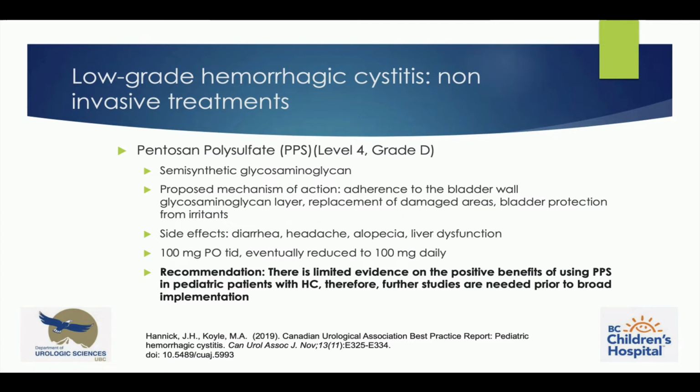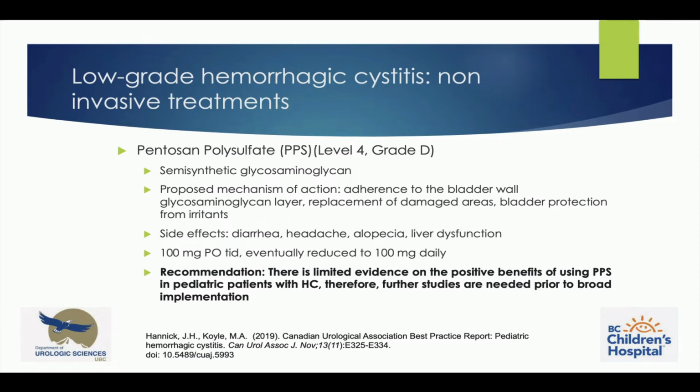This is a semi-synthetic glycosaminoglycan, and its proposed mechanism of action, I say proposed because it's not 100% clear, is adherence to the bladder wall glycosaminoglycan layer, replacement of damaged areas, and bladder protection from irritants. Side effects are diarrhea, headache, alopecia, and liver dysfunction. The dosage is generally 100 milligrams by mouth 3 times a day, eventually reduced to 100 milligrams daily.